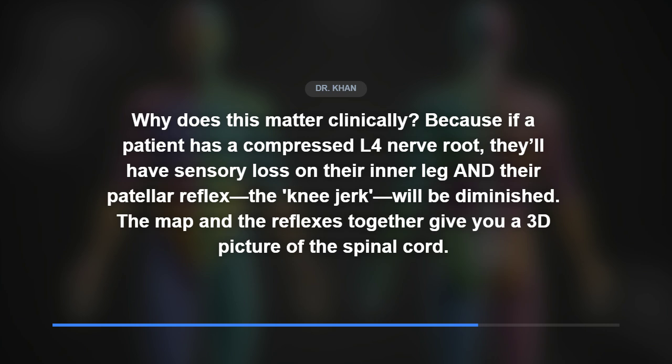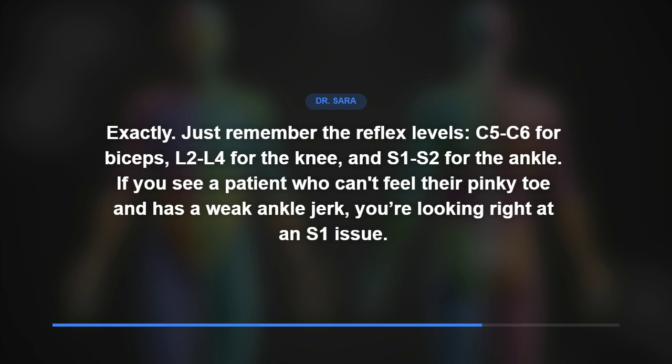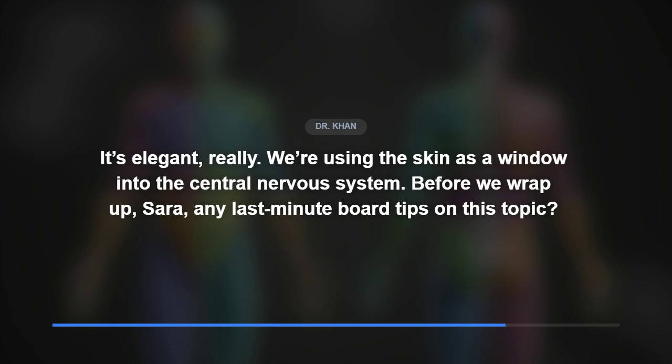The map and the reflexes together give you a 3D picture of the spinal cord. Exactly. Just remember the reflex levels. C5, C6 for biceps, L2, L4 for the knee, and S1, S2 for the ankle. If you see a patient who can't feel their pinky toe and has a weak ankle jerk, you're looking right at an S1 issue. It's elegant, really. We're using the skin as a window into the central nervous system.